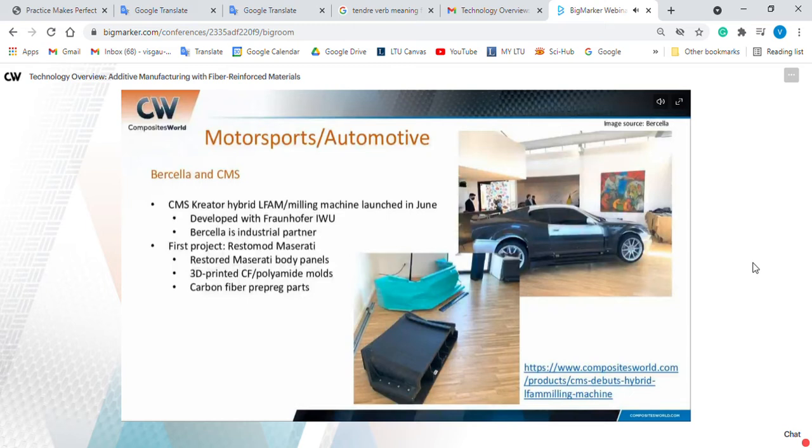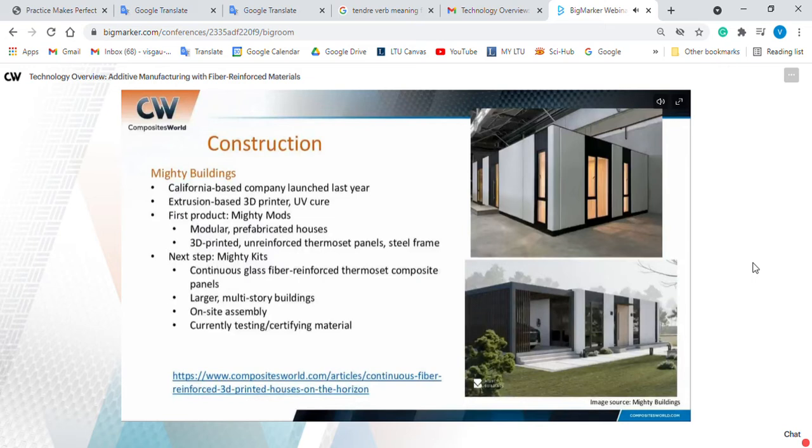Burchella is building carbon fiber prepreg parts for the vehicle and using CMS Creator, a large format additive/milling machine, to produce carbon fiber filled molds to produce these parts. So they're seeing a lot of end use cases, both in tooling and end use parts for these.